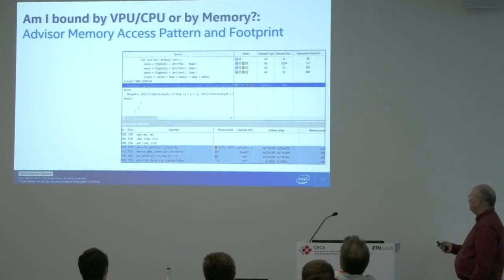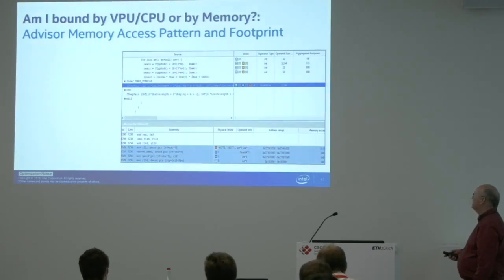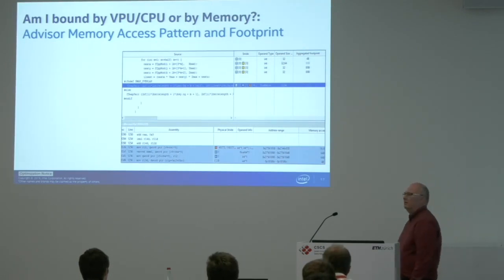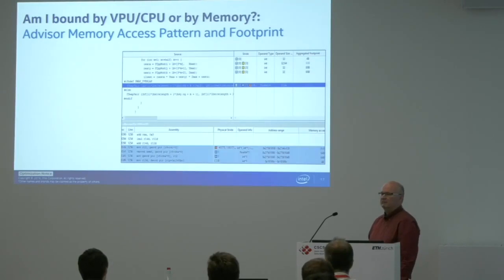And it can even be shown here in assembly with the stride, the addresses, and here's the memory access. So this is very valuable to have a deep analysis of why the vectorization efficiency is not as you would have expected, or as you would like to have it.